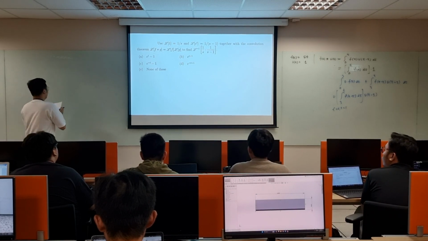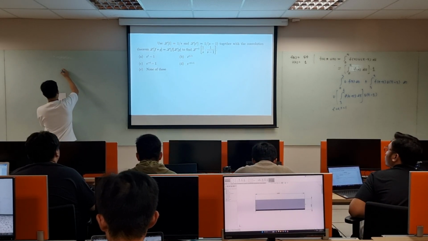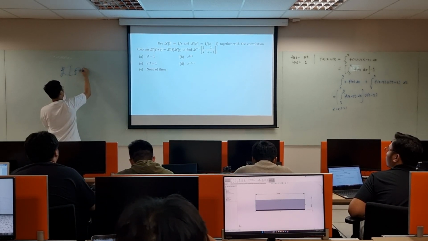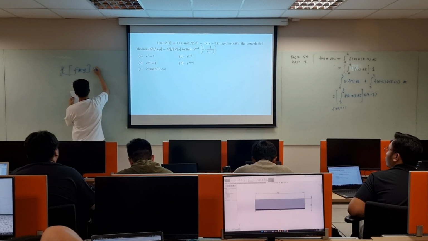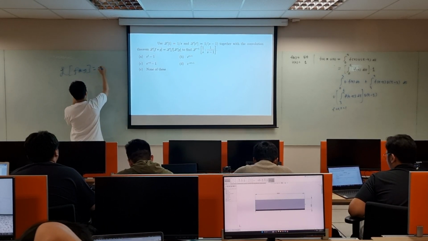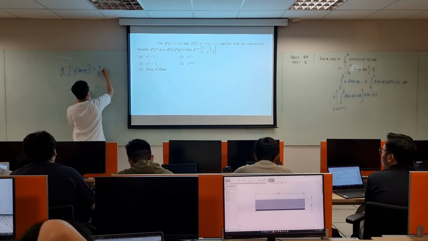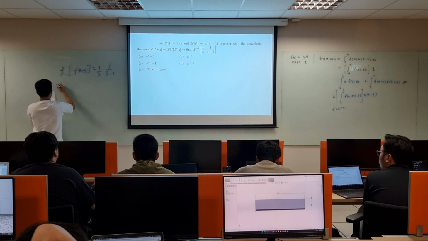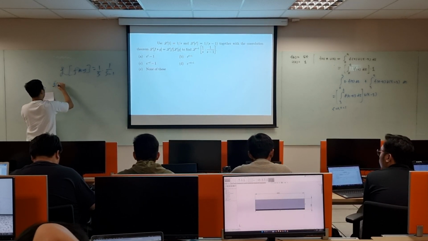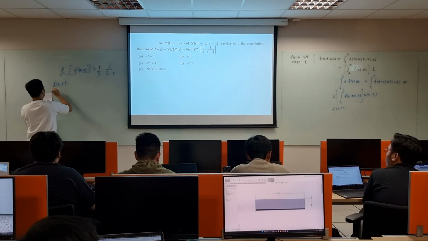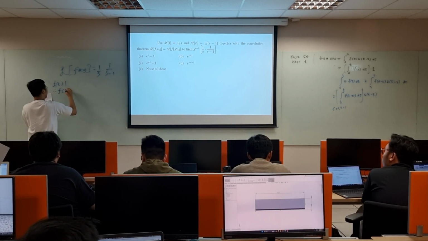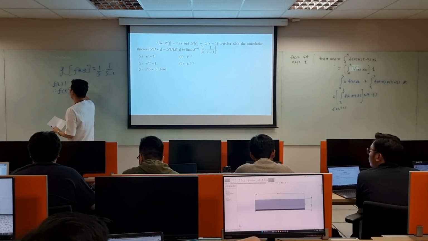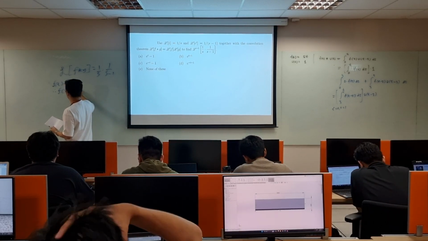Initially, I understood that the Laplace of f convolved with g is F(s) times G(s). That's correct. In this case, f(t) is 1. And f(tau) is still 1.